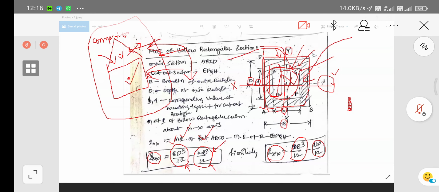Whenever it is a removing portion, you subtract the moment of inertia of the smaller portion from the larger. Is it okay? Now you got clarity? Yes. Okay.